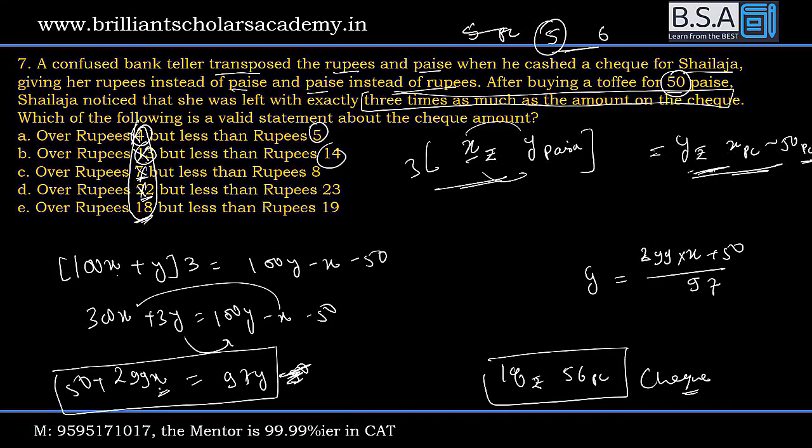Is the solution clear? Confirmation on this? Try this once without any answer options. How would you solve this entire question without answer options?